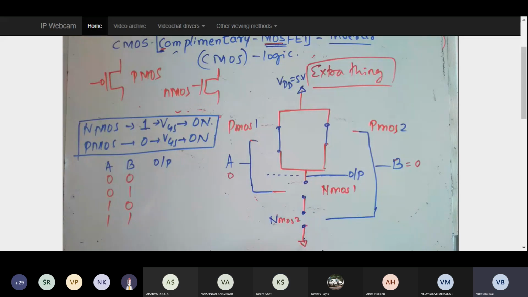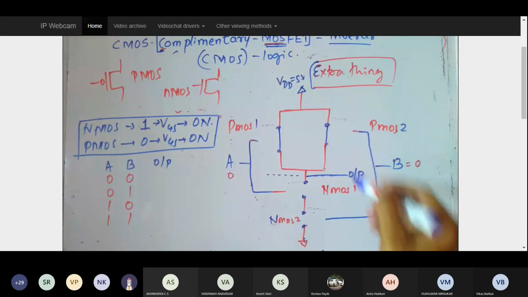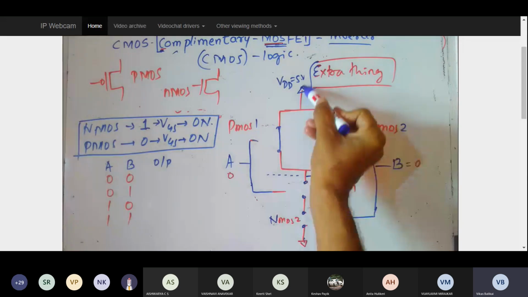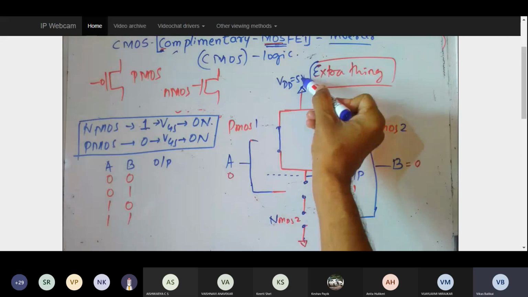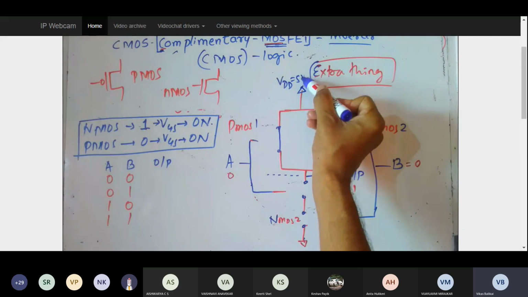Now tell me what will be the output voltage or the logic. Output is connected to VDD either this way or this way. So VDD is 5 volt. What am I going to get? I'm going to get 5 volt either from this wire or this wire.